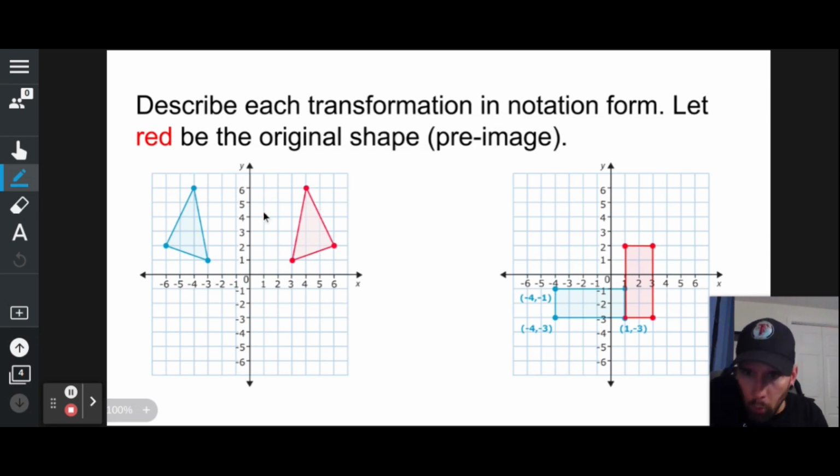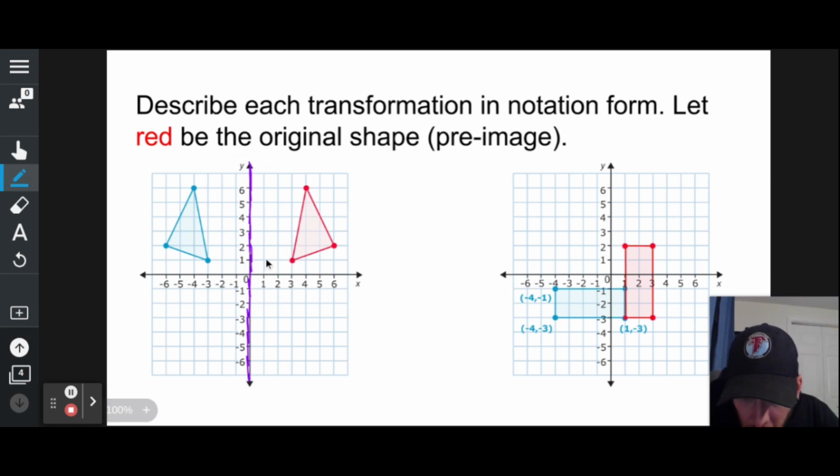All right, so with this first one, red is over here, and then it appears over here. Now, did I just take this shape and move it? No. It looks like I reflected it, and I used this line right here as my mirror. Now, how do I know that line is my mirror?